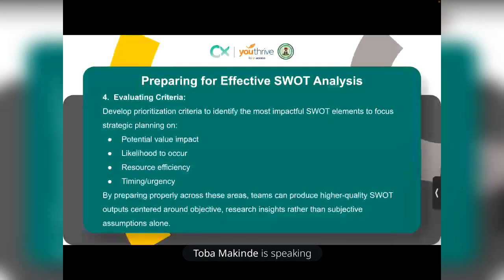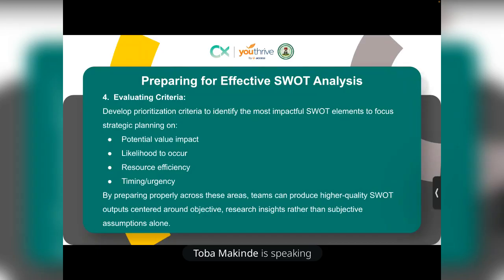You can also look at, especially in terms of the threat, you can prioritize it based on likelihood to occur. If you have identified it, you might want to see, well, okay, what's the likelihood of this particular thing occurring, even though you've identified it as a threat. Resource efficiency.